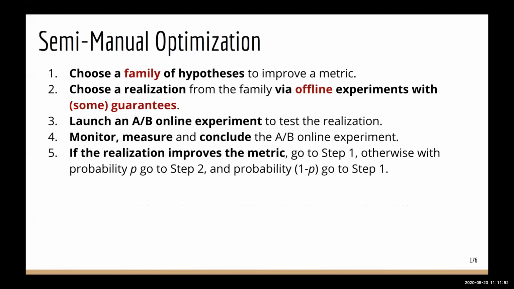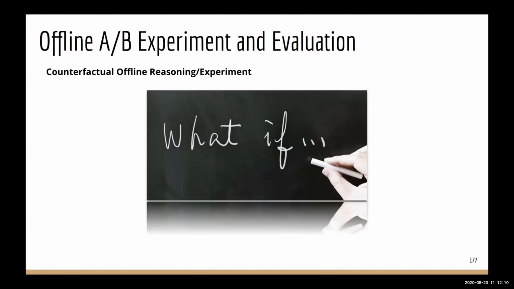Now, in recent years, there is some work making further statements regarding offline experiments, where we want to in fact put in some guarantee. This is a category of work called offline A/B experiments.